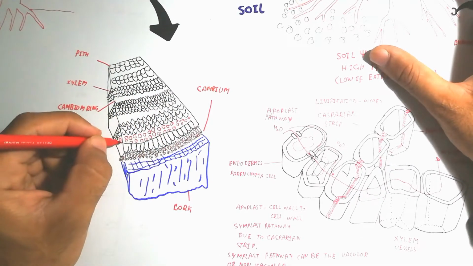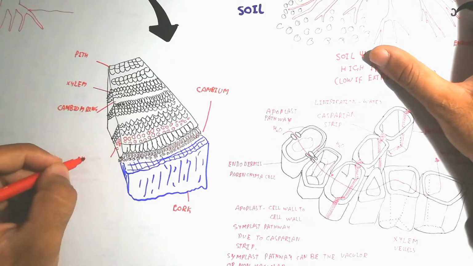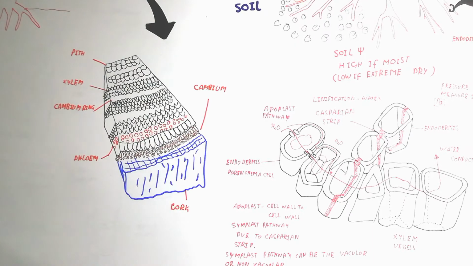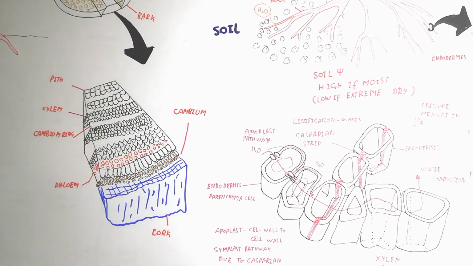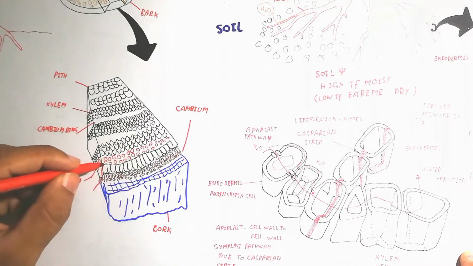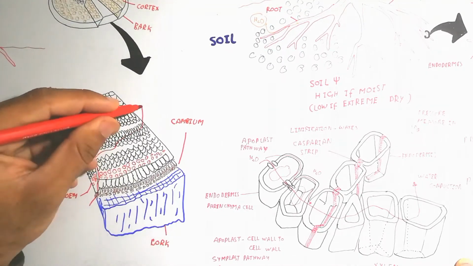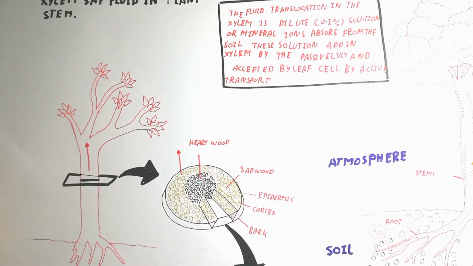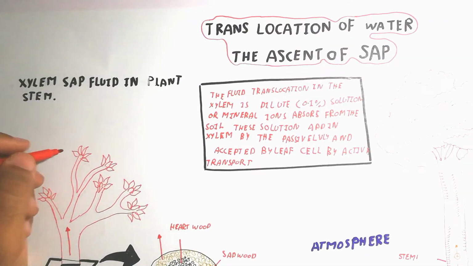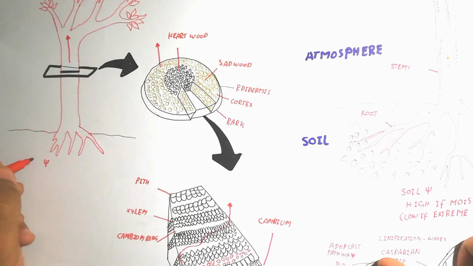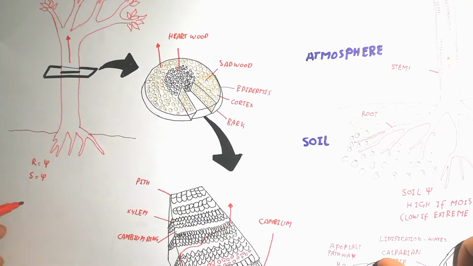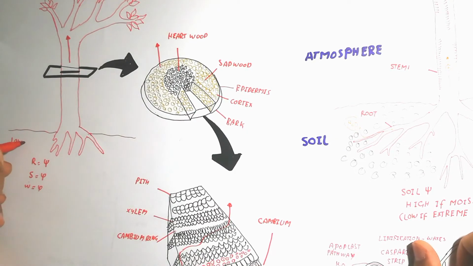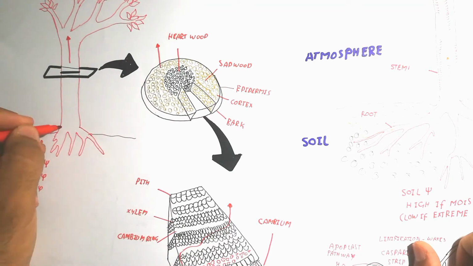Here the red color shows the phloem, which is outside, and between the phloem and xylem is the vascular cambium, and water will move from here to here. It first enters and moves by conduction into the xylem. So that's simple. Here are the root potential, the soil potential and the water potential. Some potential will be produced due to the movement.